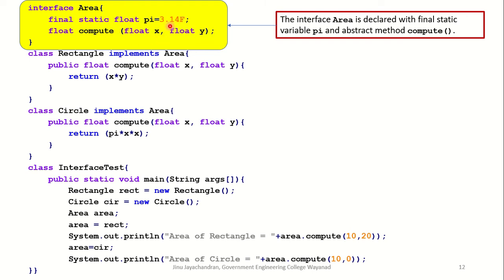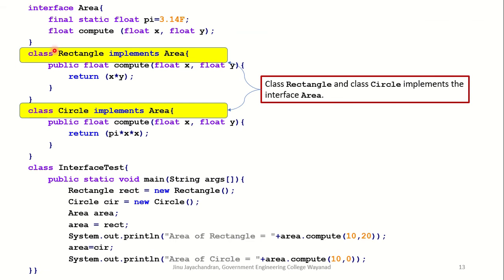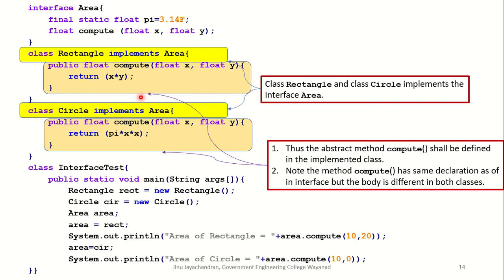So this is a constant value pi. This is an abstract method where there is no body defined for this method inside the interface. And there are two classes. First class is called rectangle, another class is called circle, and both classes implement the interface area. So both classes now have the interface area.